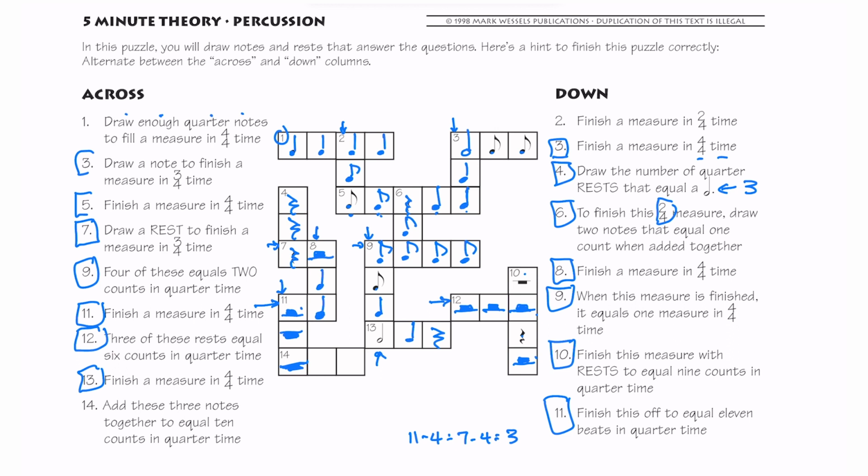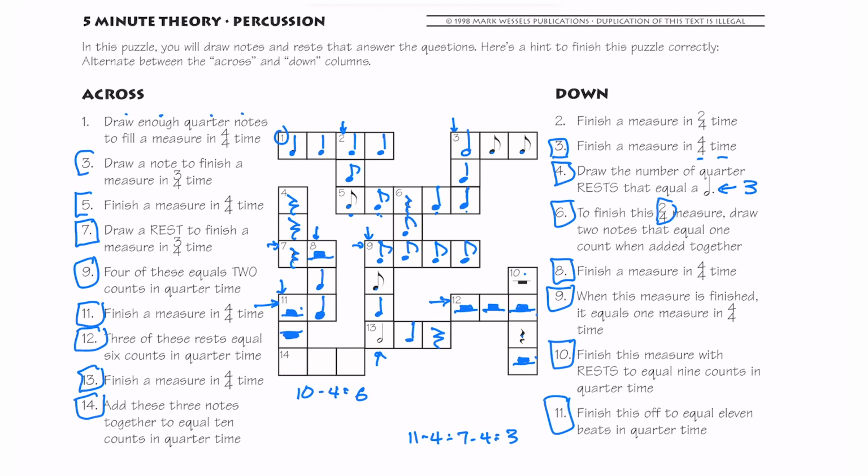All right, so we're starting with a whole. So 10 minus 4 equals 6. So now I need 6 more counts. So I could do a whole and a half, or I could add these 3 notes together. Well, that's a rest. So how did that work? I guess I messed that up. Okay, I could have drawn. That means that this is not a whole rest.